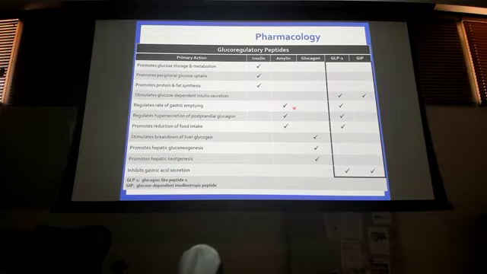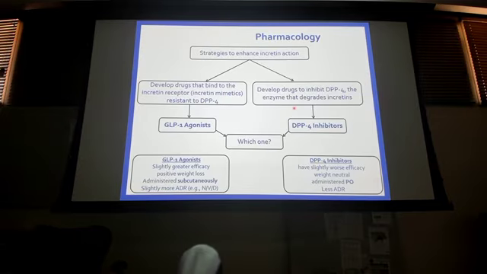This is just a summary slide of what we just talked about. So yeah, this is a slide to kind of determine whether or not you're using an agonist or an inhibitor. Your agonists tend to have more efficacy, but they also have more side effects, like more drug reactions.